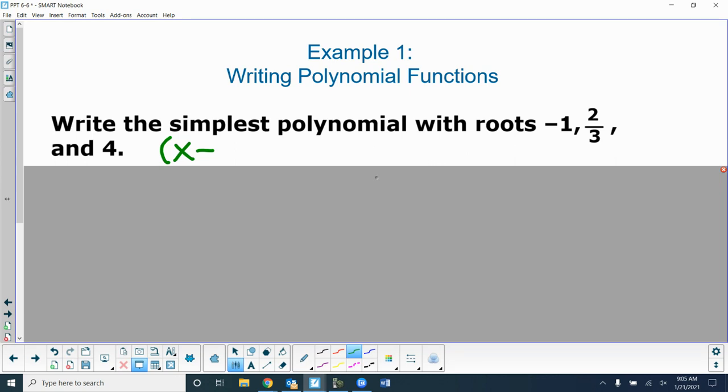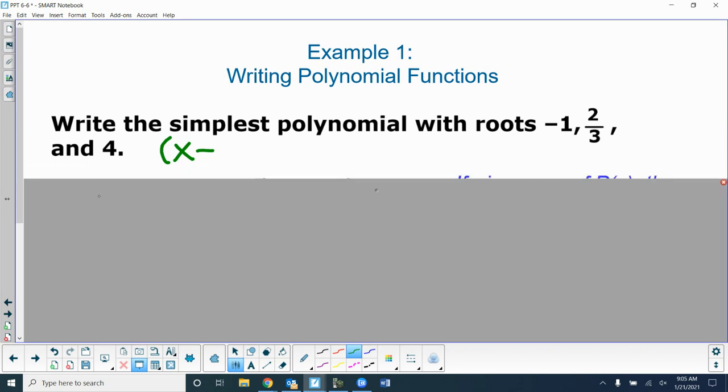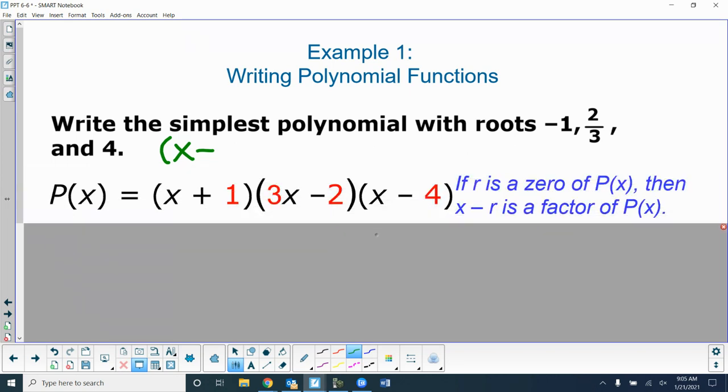Okay? So why did that become plus? It's minus a negative 1. There's the minus 4. If you have a fraction like this, the denominator goes in front of the x minus the numerator. Okay? So D for denominator, N for numerator. Why is that a negative?